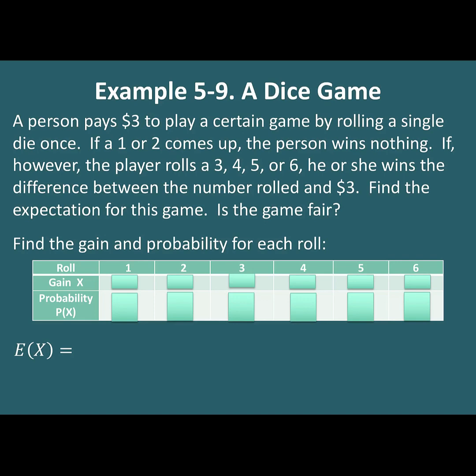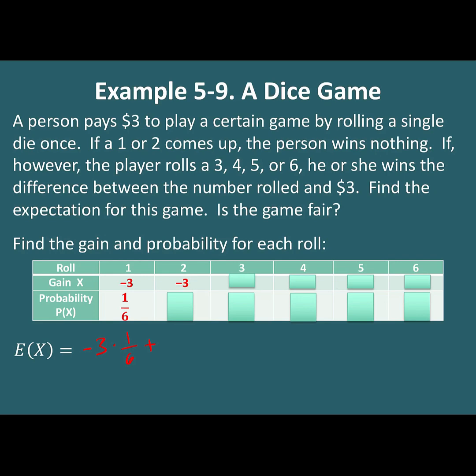If the player rolls a 1, that means the player lost $3, and the probability of rolling a 1 is 1 out of 6. Therefore, we begin our expectation by multiplying -3 times 1 over 6. And now we're going to add that to the fact that if they roll a 2, they also lose $3.